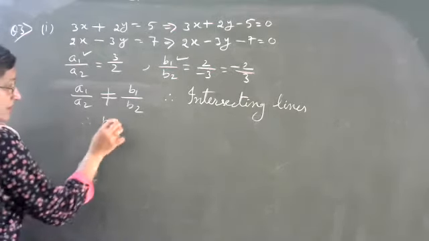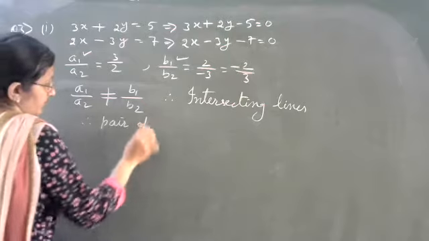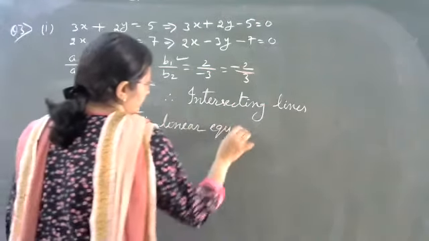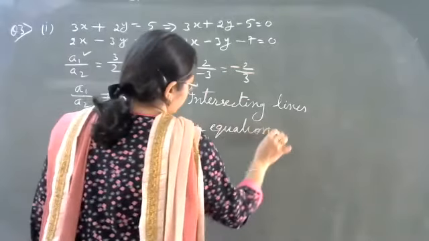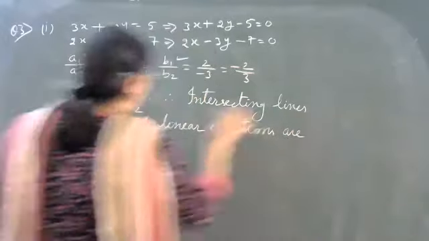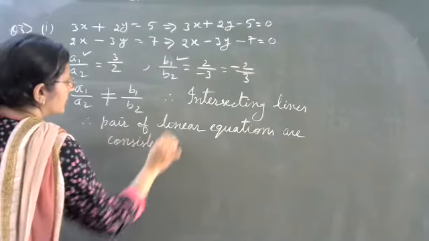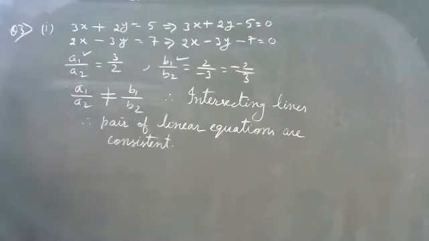Therefore, the pair of linear equations are consistent. Clear?